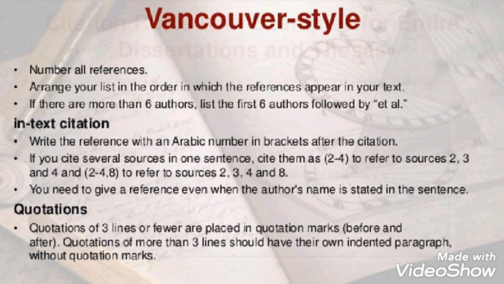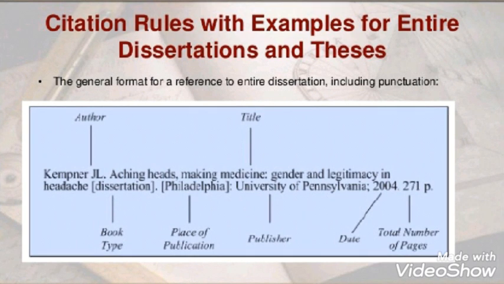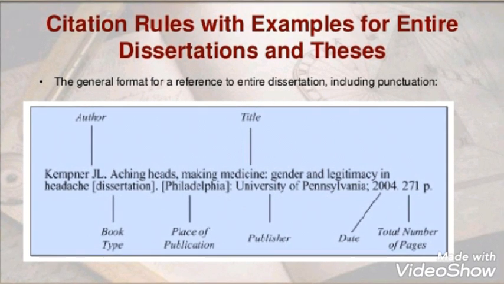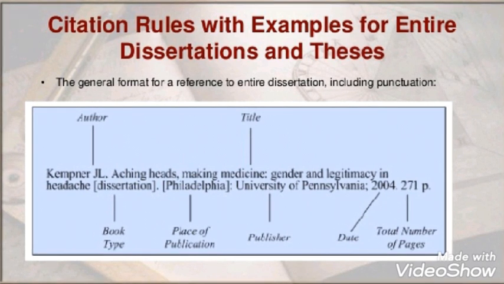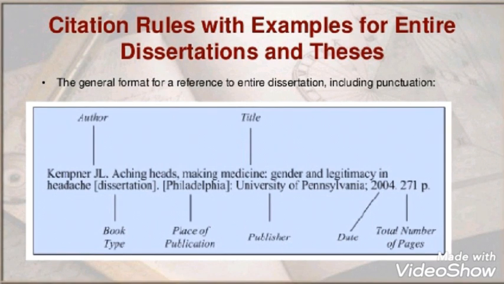You can see here the example given of how you have to write a bibliography. So first is the author. After the author, you have to keep a full stop. Make sure you are careful with the punctuation marks. You should use whatever is mentioned in Vancouver-style. So here they have mentioned the author name. After that, they have kept a full stop.